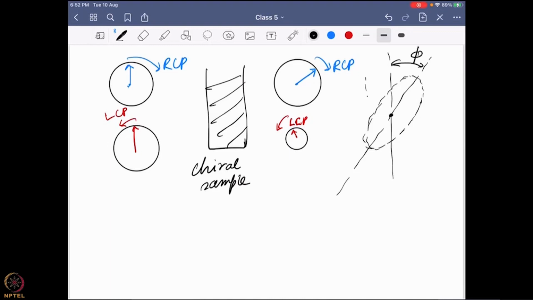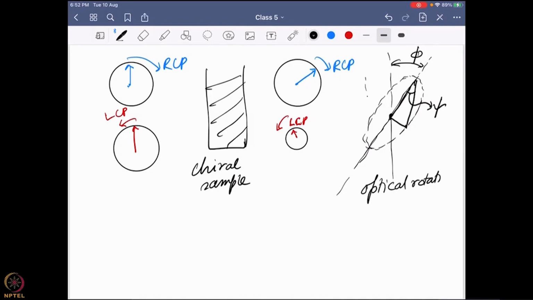And not only that, because their absorbance is also different, on this particular system, this is the minor axis, this is the major axis. So this angle will be the psi, the ellipticity. So from there you can actually measure both optical rotation and the ellipticity. So that is what actually happens together.